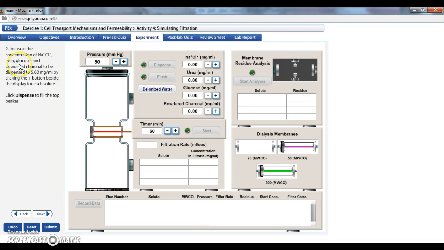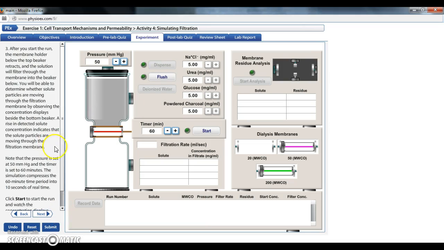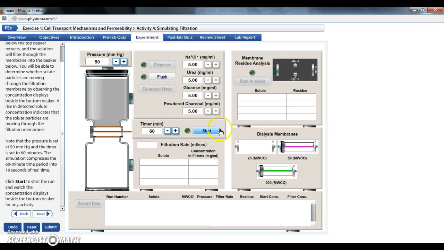Increase the sodium chloride, urea, glucose, and charcoal to 5, and click dispense. Okay, start.